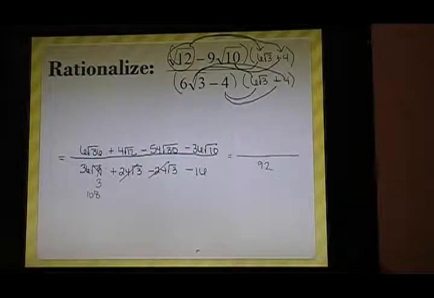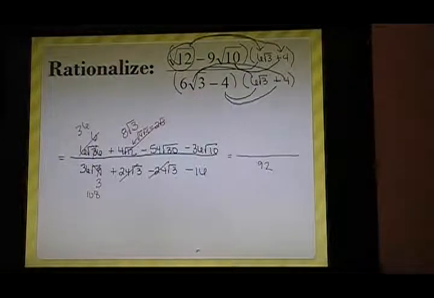In the numerator, going through doing simplification of all my radicals, the square root of 36 is 6, and 6 times 6 is 36. 12 is divisible by the perfect square 4, so that's the square root of 4 times the square root of 3, which is 2 root 3. So we've got 4 times 2 root 3, so this term is 8 root 3. 30 isn't divisible by any perfect square, so I can't do anything with this.